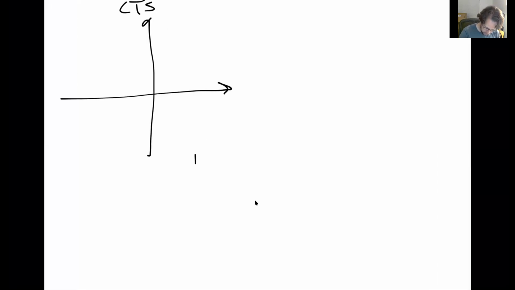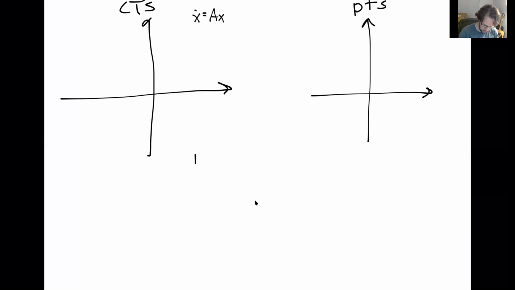Continuous time system, and then we have a discrete time system, and this is the complex plane. And both of these are LTI systems with a matrix A, right? So the continuous time system, this will be x dot is equal to Ax. And then this one will be x k plus 1 is equal to A x k. Great. All right, so now, again, these are both system matrices.